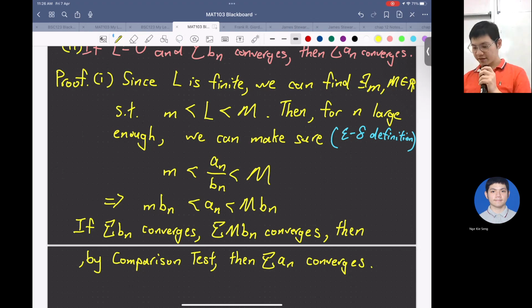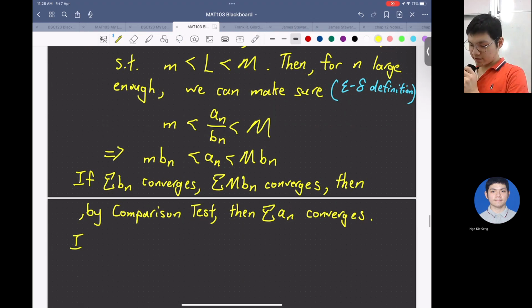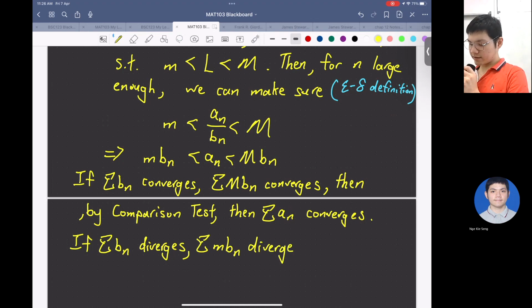You also can see that if bn diverges, the infinite series defined by little m times bn also diverges. So you are greater than something that diverges, so you also diverge. Let me write down. If the sum of bn diverges, we make full use of the other inequality, and then we see that little m times bn defines a divergent infinite series.